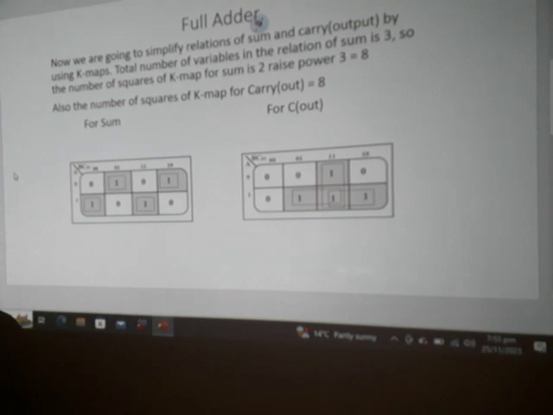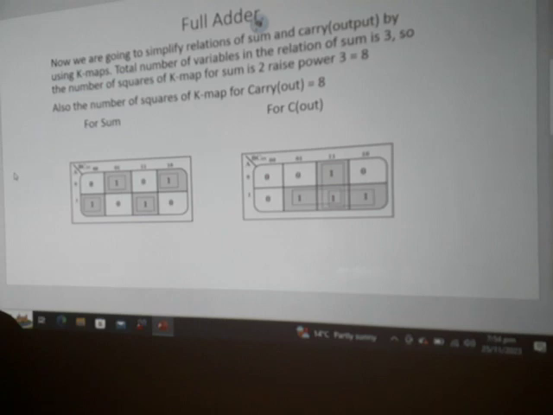Similarly, vertically we can make a group of 1, 1 which are in the third column, first row and second row, and then we will write the relation of the carry, and it will be the simplified relation.